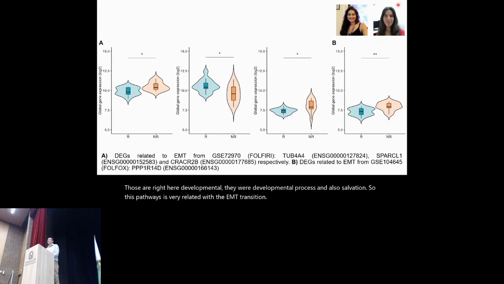Finally, we want to know if there is a relationship between the treatment in different data sets of colorectal cancer and markers of EMT transition. And we looked at the differentially expressed genes between the responders and non-responders of two types of treatment, this one was FOLFIRI in this data set, and the other one was the treatment FOLFOX in this data set.